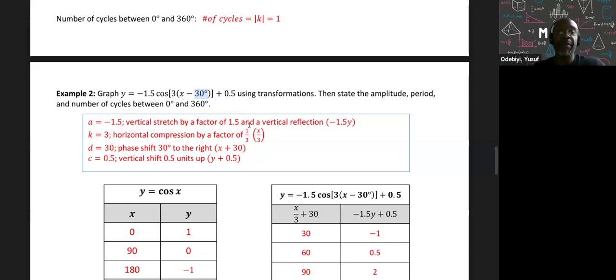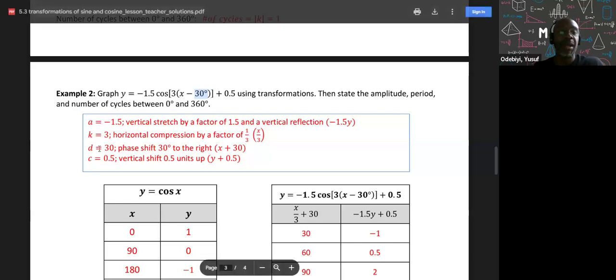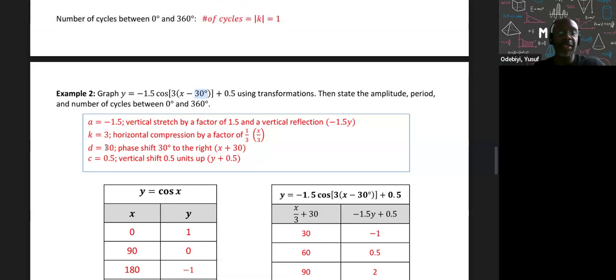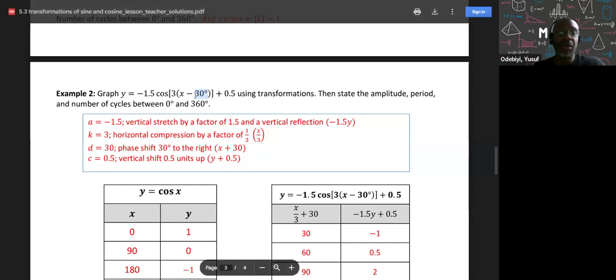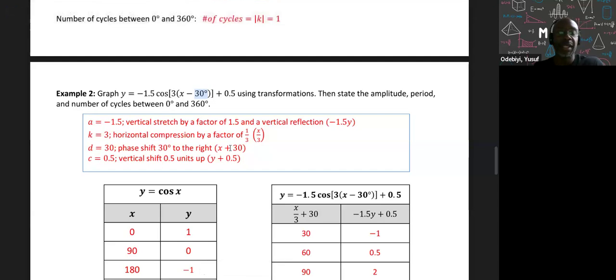So 1 over k means 1 over 3. That means I'm compressing it because I have a fraction here. And then my phase, I'm moving to the right by 30 degrees. So I'm adding 30 degrees to the x, and I'm adding 0.5 to the y.